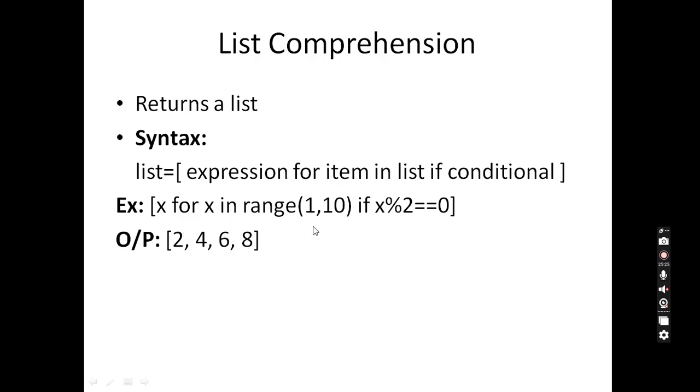Then it checks 3, no, and then 4 modulus of 2 is equal to 0, correct, so 4 is added. Same for 5 and 6. Only even numbers will be added, since modulus of 2. So the list will contain 2, 4, 6, 8. This one line of for loop and condition gives a result as a list, and this is called list comprehension.